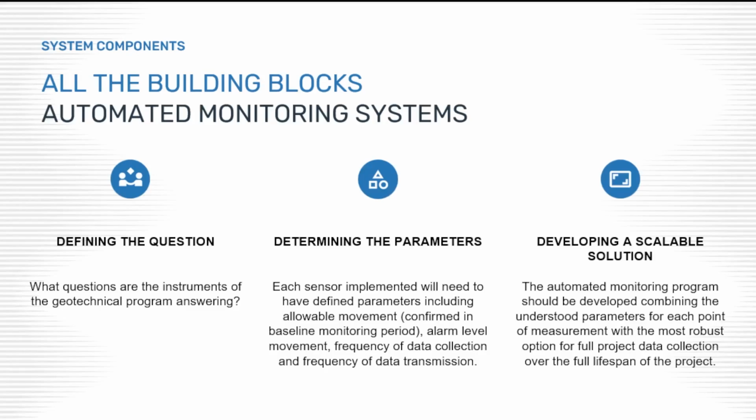From there, you're looking at your threshold, alert or alarm levels, the frequency of your data collection, how quickly do you need those data points coming in, and then how often do you need to be looking at those, the data transmission. From all of those parameters, you also need to keep in mind, what are your actionable steps if you cross a threshold, if you get an alarm level?